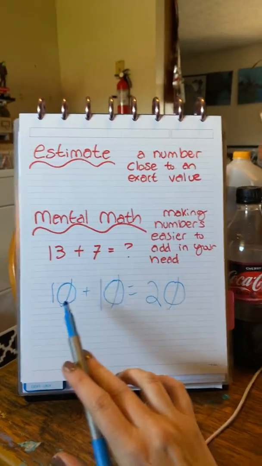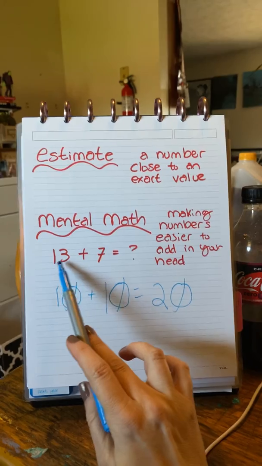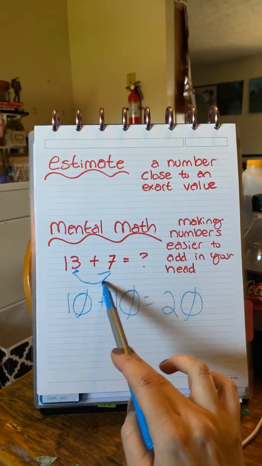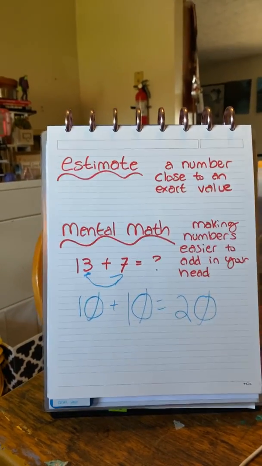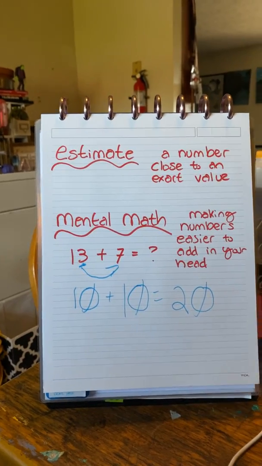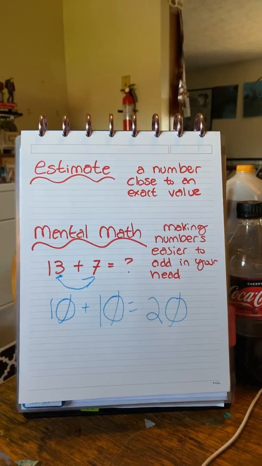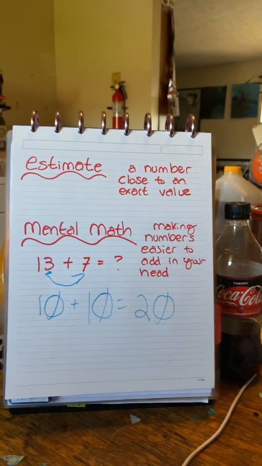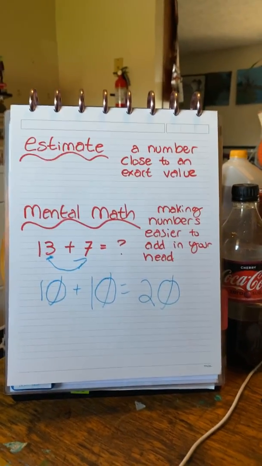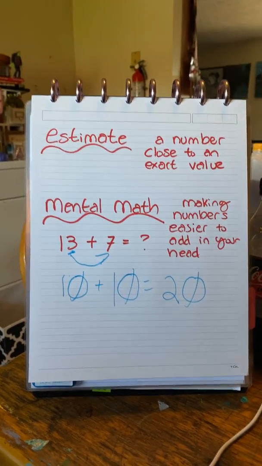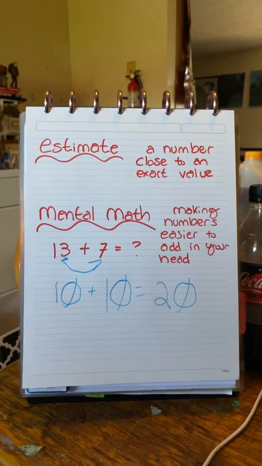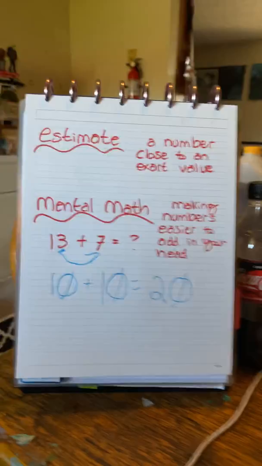So my mental math told me just to take this 3 and move it over with the 7 to make it easier to do my addition. So real simple, real easy. It's just how do we switch things around in our head to make it easier to add up our problems. All right? There's our mental math.